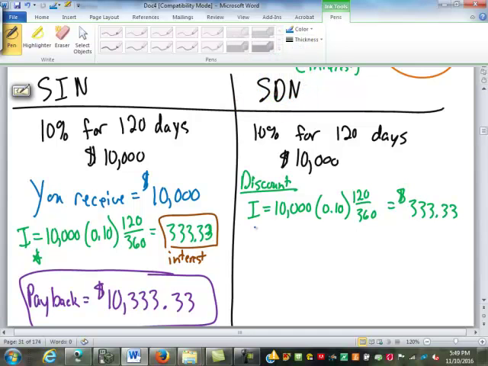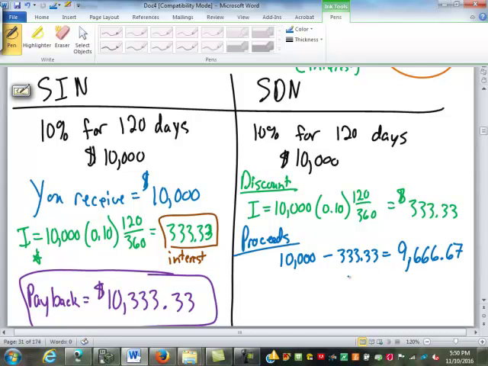Then the second thing you find is the proceeds, which is 10,000 minus the discount. Which means we get $9,666.67.